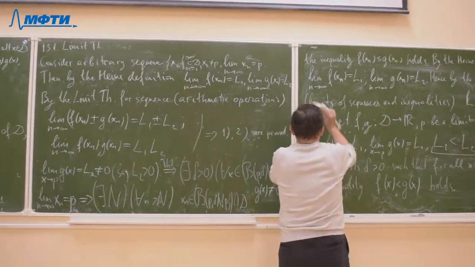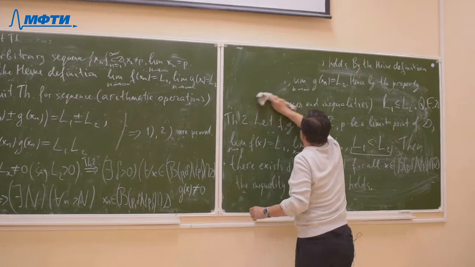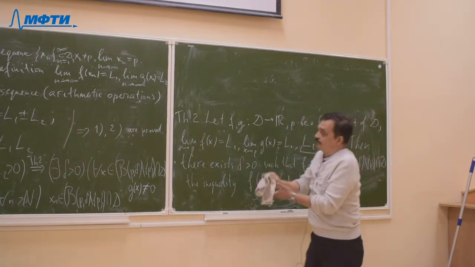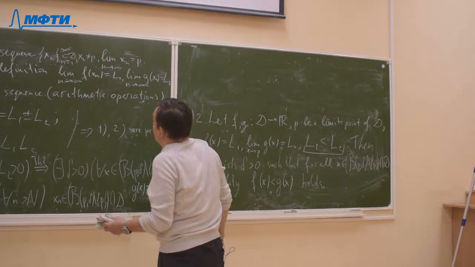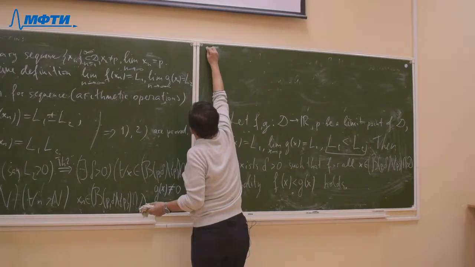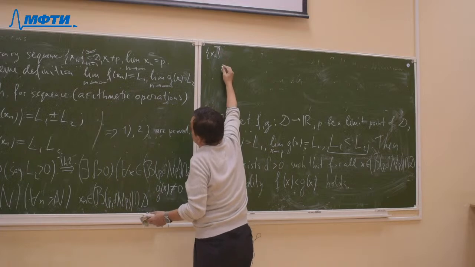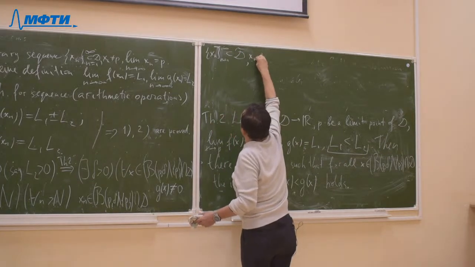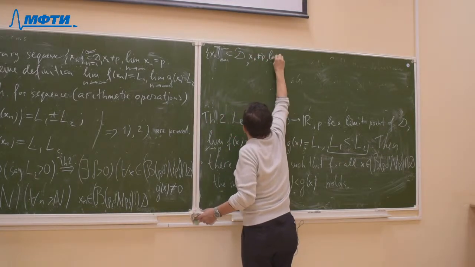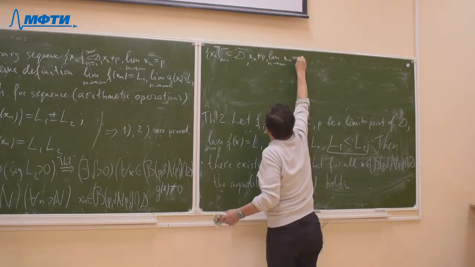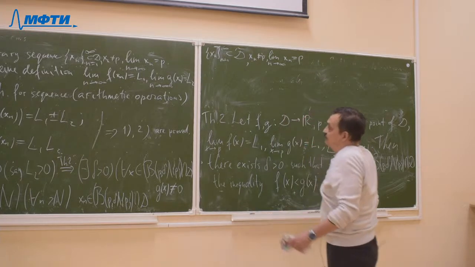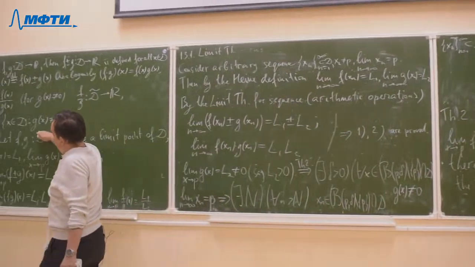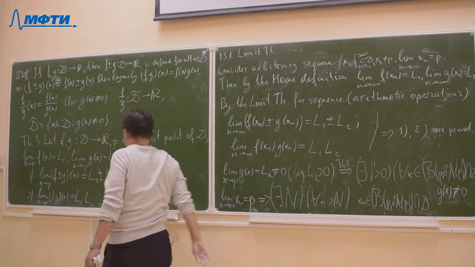Hence, we have that for the sequence from D tilde, xn not equal to P, the limit as n tends to infinity of xn equals P, where D tilde is the set of all x in D with g of x not equal to 0.